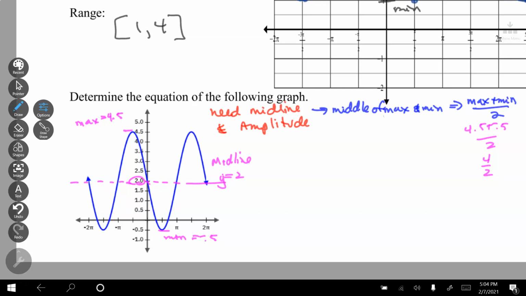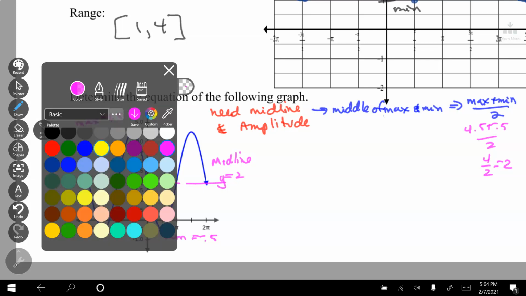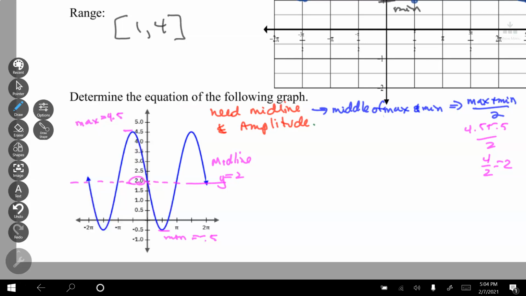Well, that's my D value. Now the amplitude is from the max to the midline. And if I look at this distance from here to here, I notice this amplitude.